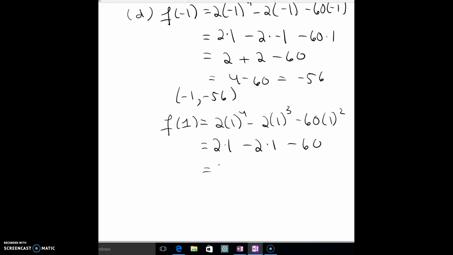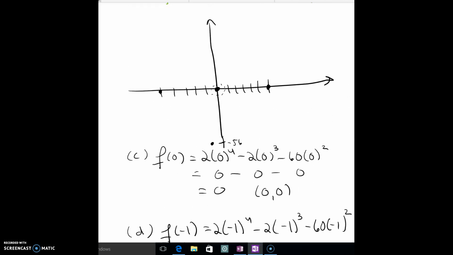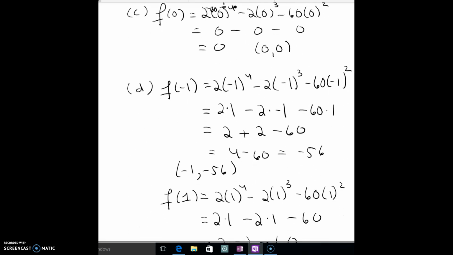So let's see, we get 2 minus 2 minus 60, and that gives us -60. So that's telling us the ordered pair 1, -60 is on the graph. Let's go over here. So 1, and we're going to go a little bit lower. Here's the ordered pair 1, -60. So we'll put -60 on this side, 1 for the x, -60 for the y. Let's see what else we need here.